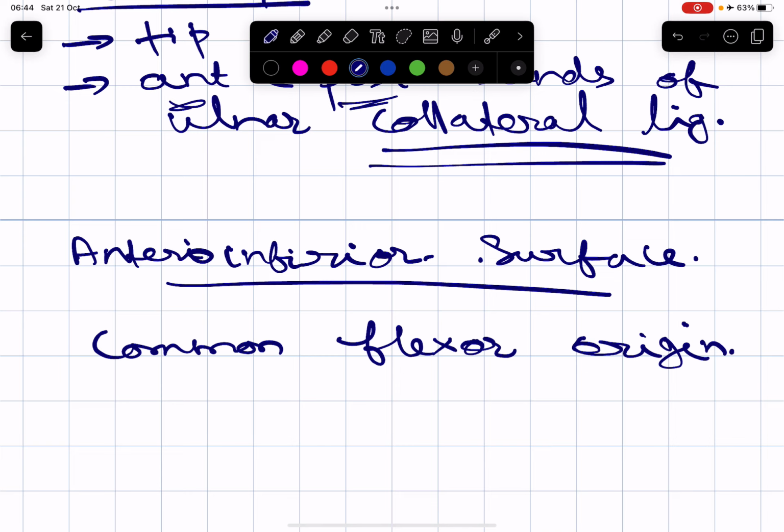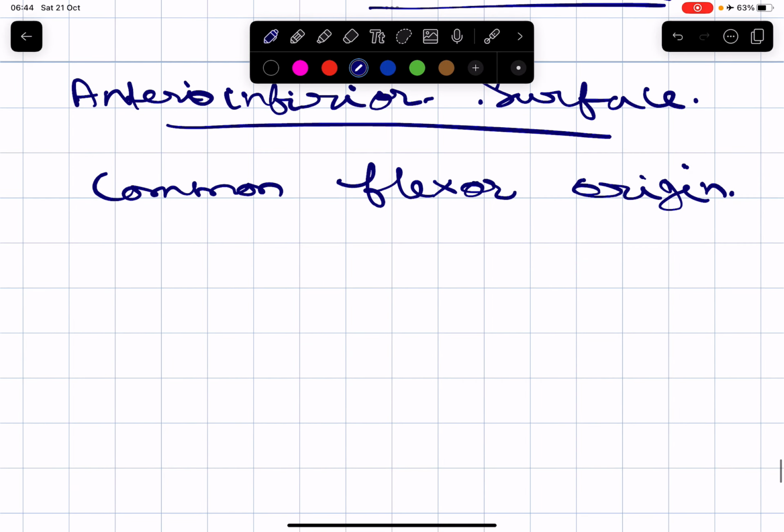So what is the meaning? We have the superficial flexors of the forearm taking origin from the anteroinferior surface of the medial epicondyle of the humerus. Okay, so what are these superficial group of flexor muscles of the forearm?